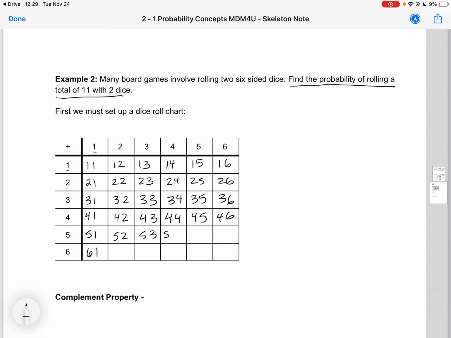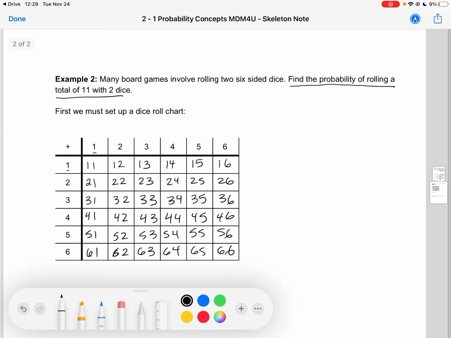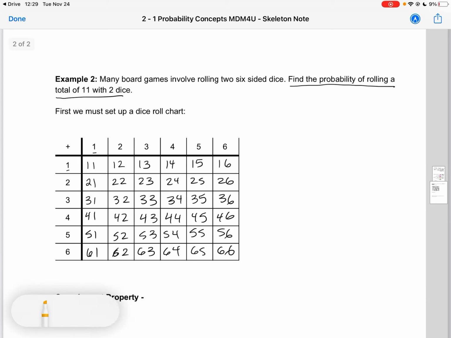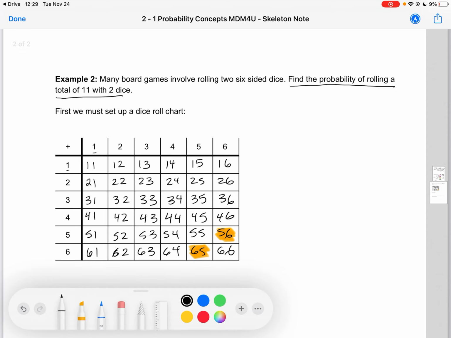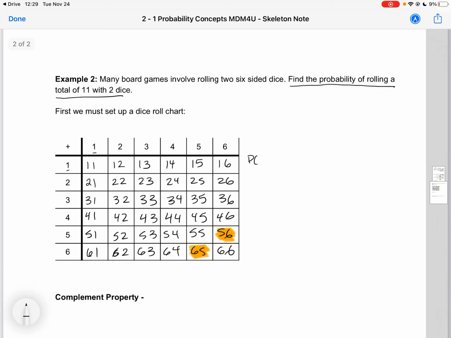Okay. So now I've got all my possibilities listed here for rolling 2 dice, and I'm going to count how many times I get a sum of 11. Well, that is only these 2 possibilities here, where I roll a 6 and a 5, or a 5 and then a 6.